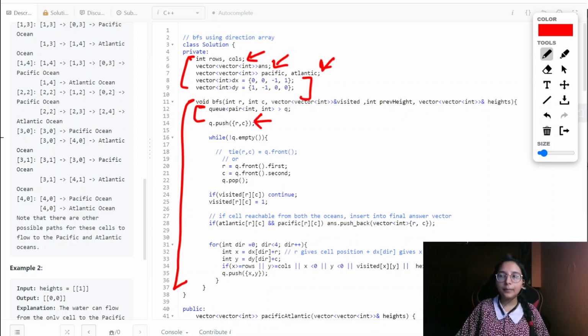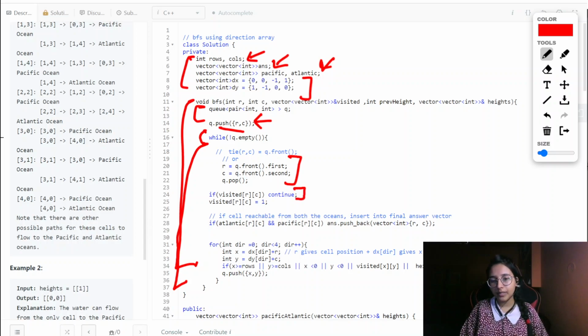So for starting our BFS, I'll first push the row and column into my queue, and then I'll check that while the queue is not empty, I will proceed with my BFS. So first thing would be that I will pop out the first node which is there in my queue, means my row and column, and I'll go ahead with the processing. I'll check if it is visited, then I'll continue, because if it is visited, then there is no point in visiting that particular node again, right? And it could also lead to an infinite loop.